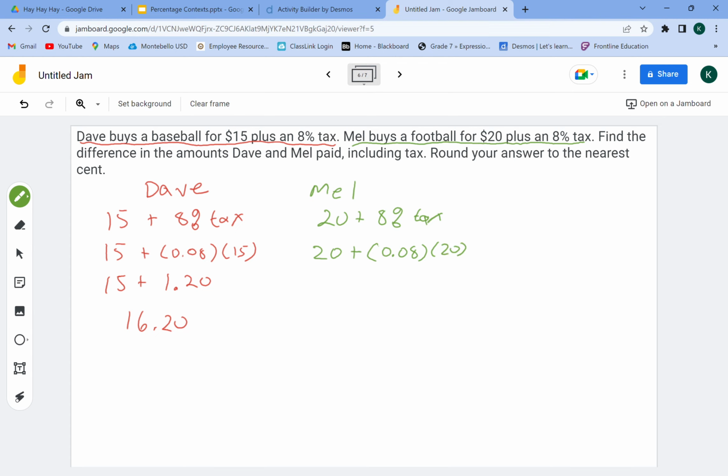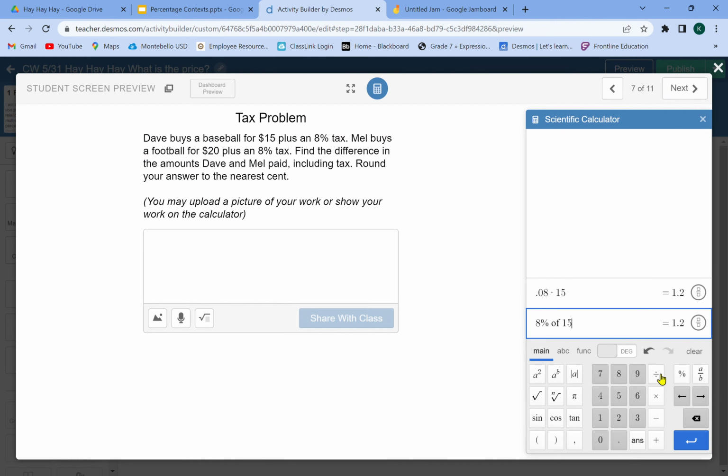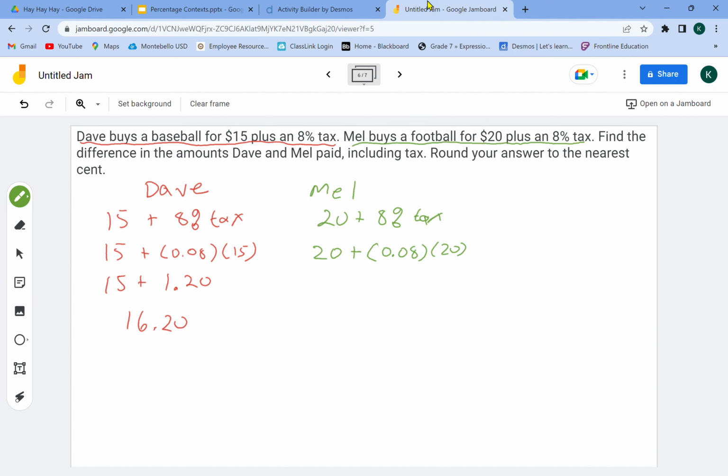If I multiply this out, I get $1.60, or again, you could say 8% of 20, and I get the same amount there. So I have $20 plus $1.60, and if I add this up, I get $21.60.